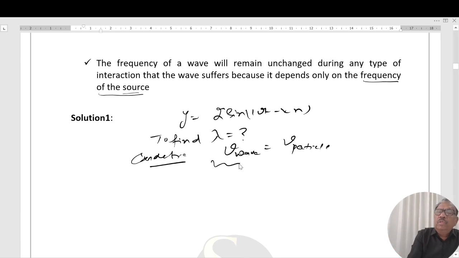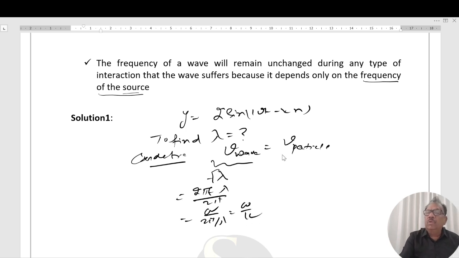We know wave velocity is v equal to f lambda. That can be written as 2 pi f lambda upon 2 pi, which is equal to omega upon 2 pi by lambda, that is omega by k.